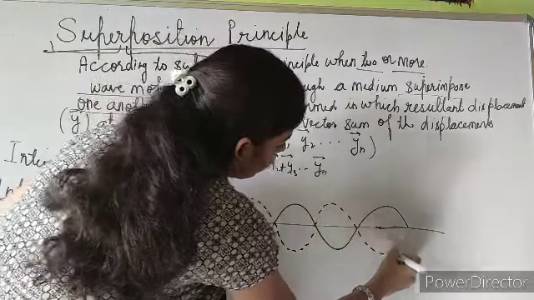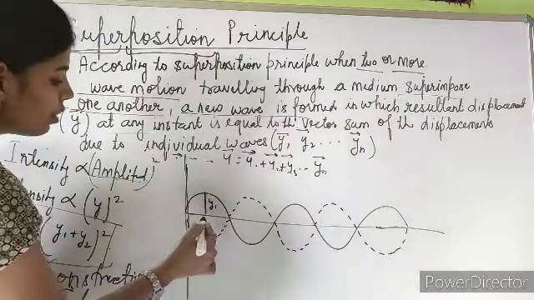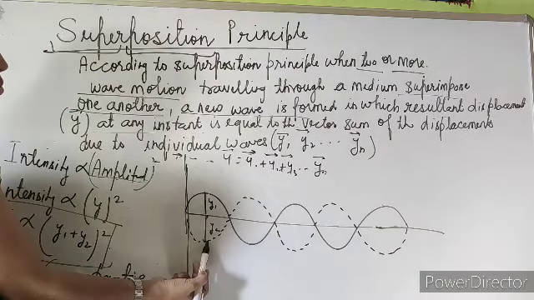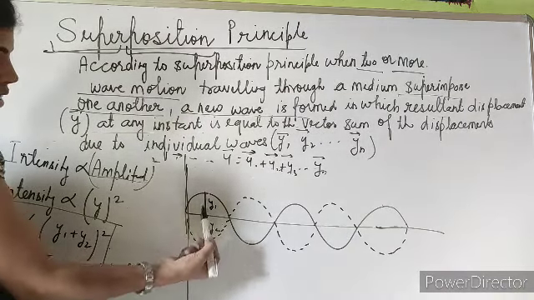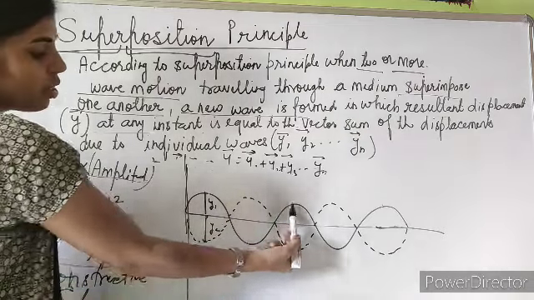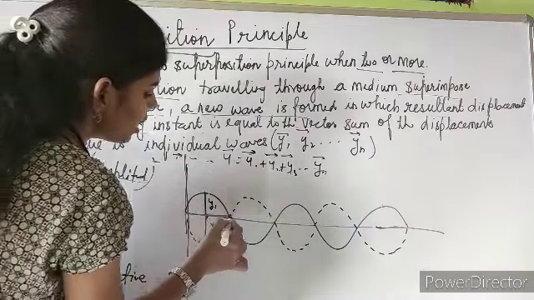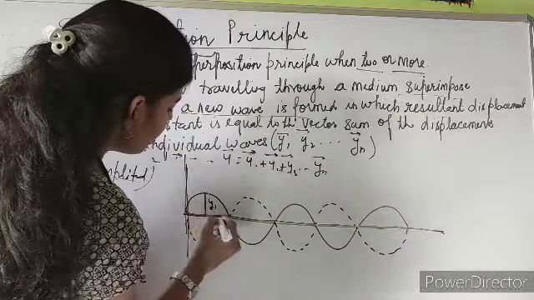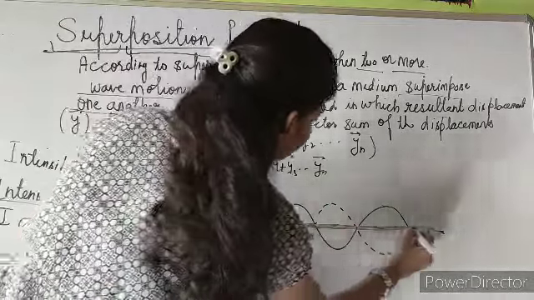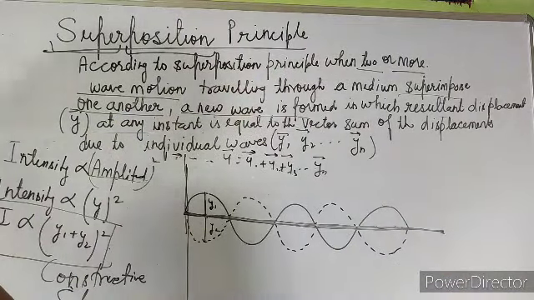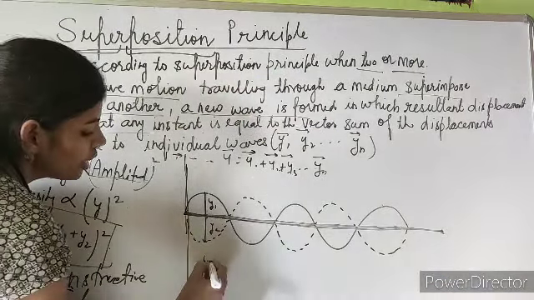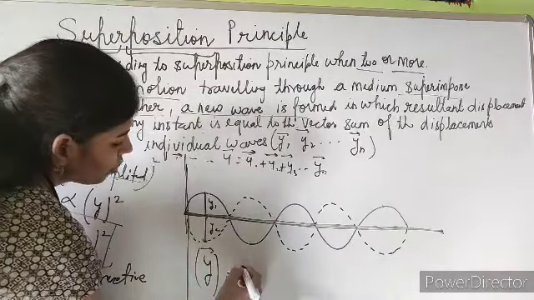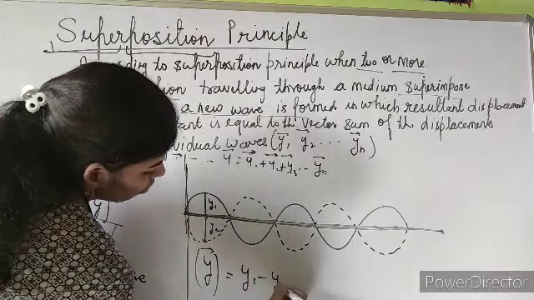Here you can see crest of this wave is falling on the trough of another wave. Crest, trough, crest, trough, and this is your resultant wave. Resultant wave would be along this line. So here the resultant displacement is equal to y1 minus y2.